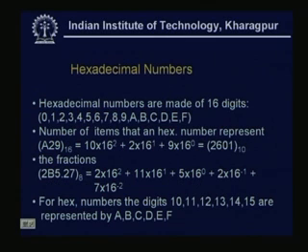Now, similarly, I have hexadecimal numbers. Hexadecimal numbers are made of 16 digits. So these should be 0, 1, 2, 3, 4, 5, 6, 7, 8, 9, then 10, 11, 12, 13, 14, 15.